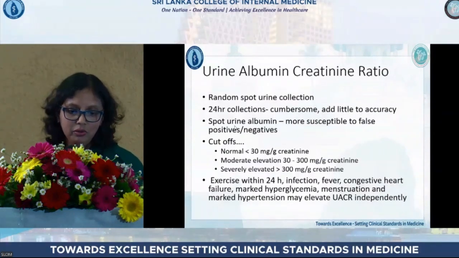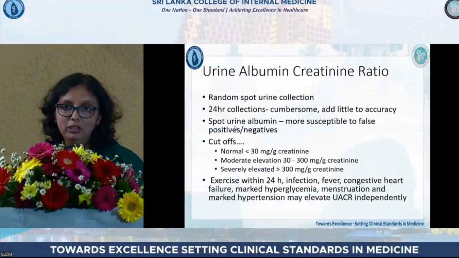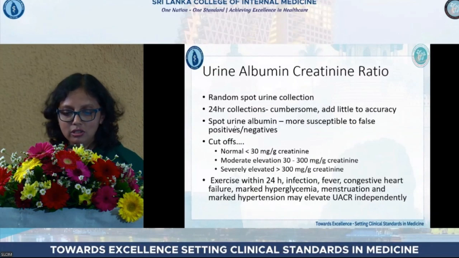So I mentioned a few circumstances that may elevate the UACR when the patient is not actually having kidney disease. So if they've had vigorous exercise within the last 1 day, if there is an ongoing infection or fever, congestive heart failure or very poorly controlled blood sugar or blood pressure, and if the patient is menstruating, we should avoid doing a UACR in these circumstances.